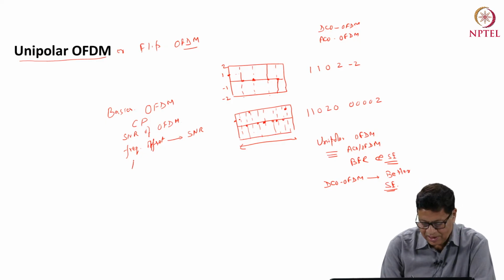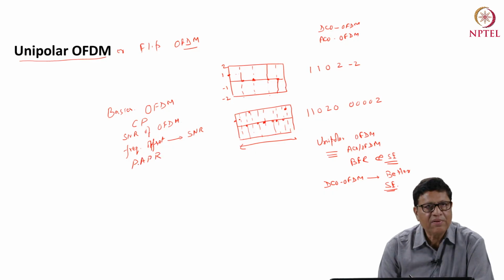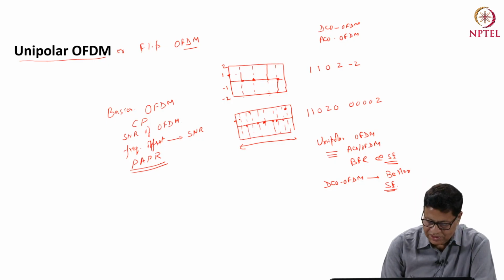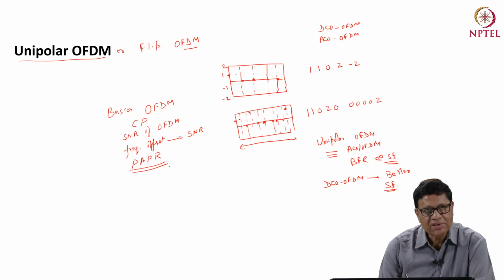And we also studied PAPR, peak to average power ratio for OFDM, why it is a problem for optical wireless communication system, and we need to contain this PAPR. And then we shifted to discussion of OFDM for optical wireless communication or for visible light communication.